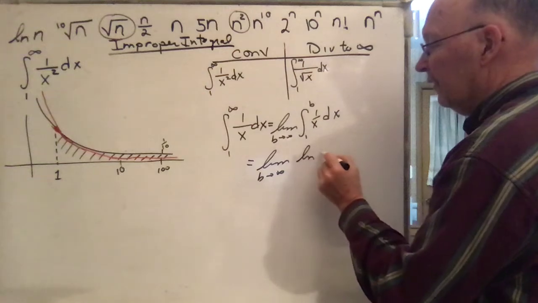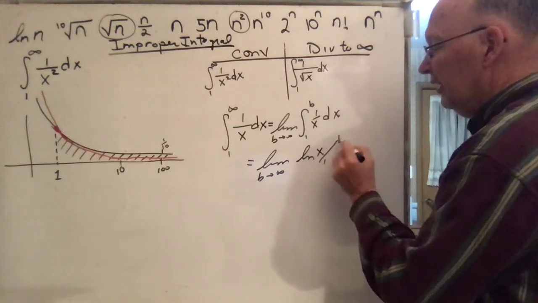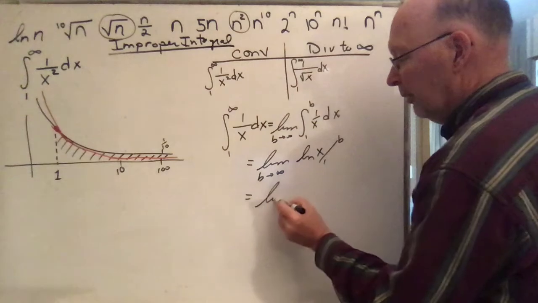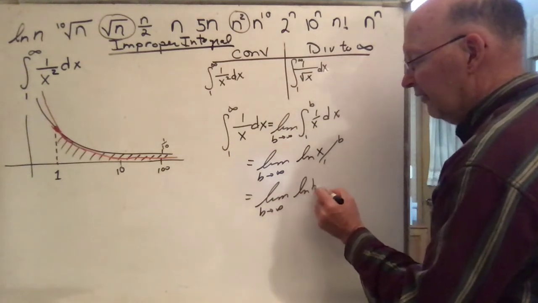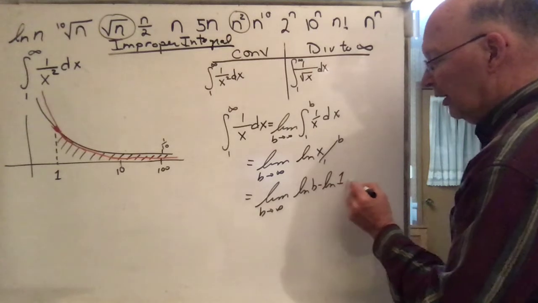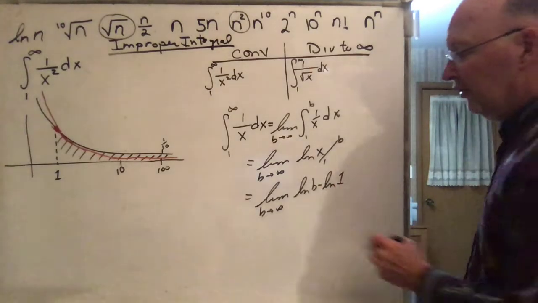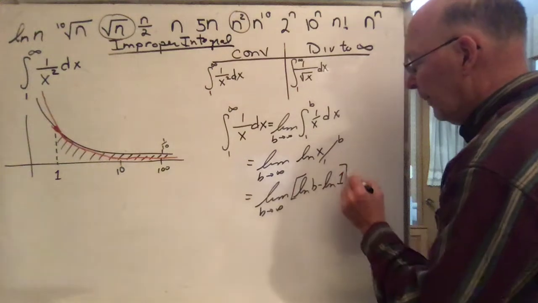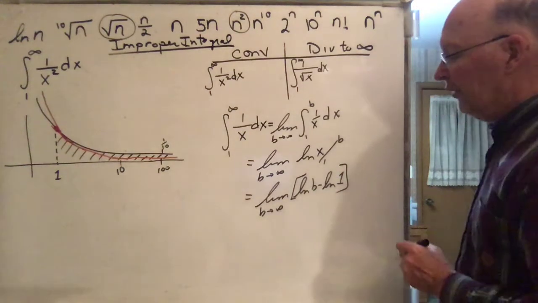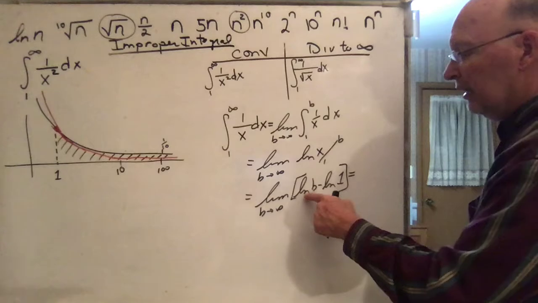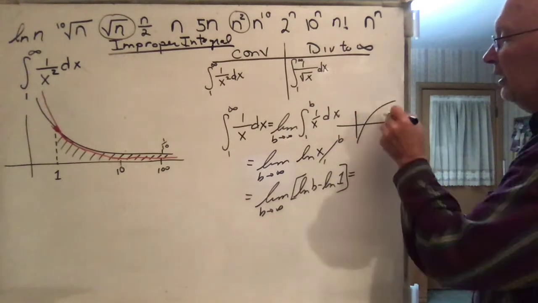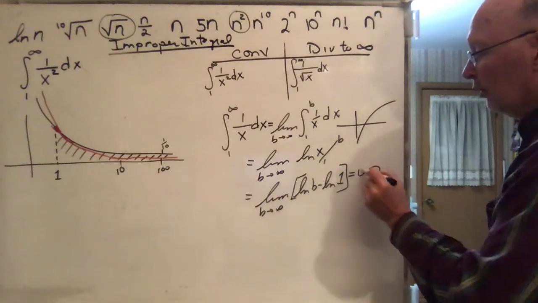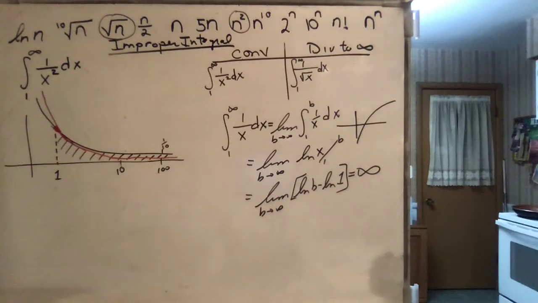It's the ln of x from 1 to b, which is the limit as b goes to infinity of the ln of b minus the ln of 1. Well, the ln of 1 is just 0, so all we're interested in is what happens to the ln of b as b goes to infinity. And if you remember from when we learned about the natural logarithm, it grows very, very slowly, but it goes to infinity. Okay, it does go to infinity.